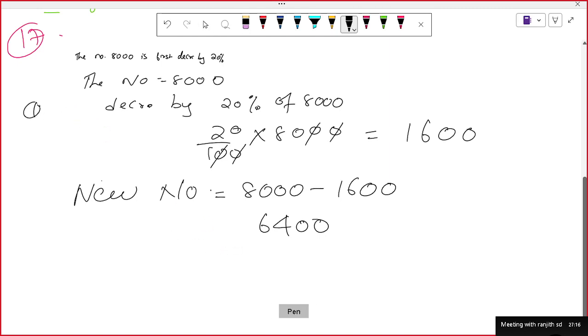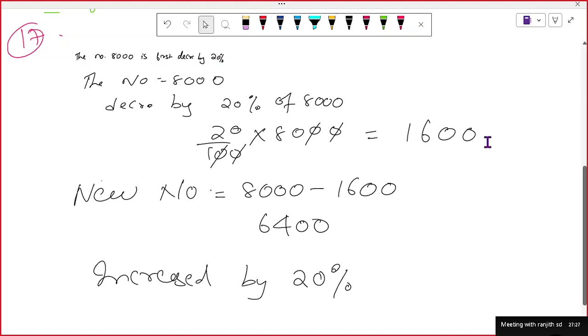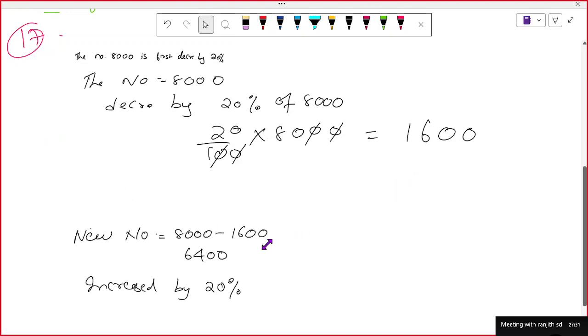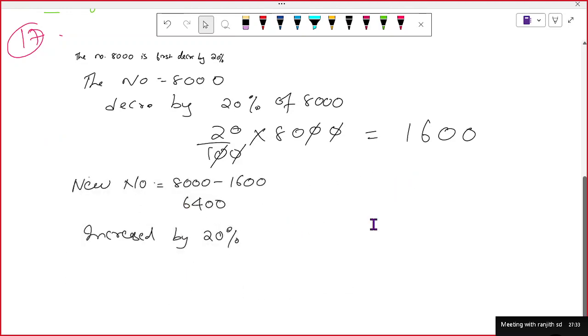Okay, this is the first part of the question. What's the second part? Increased by how much? Increased by 20% of what? 20% of 6,400. There is no specific sentence.